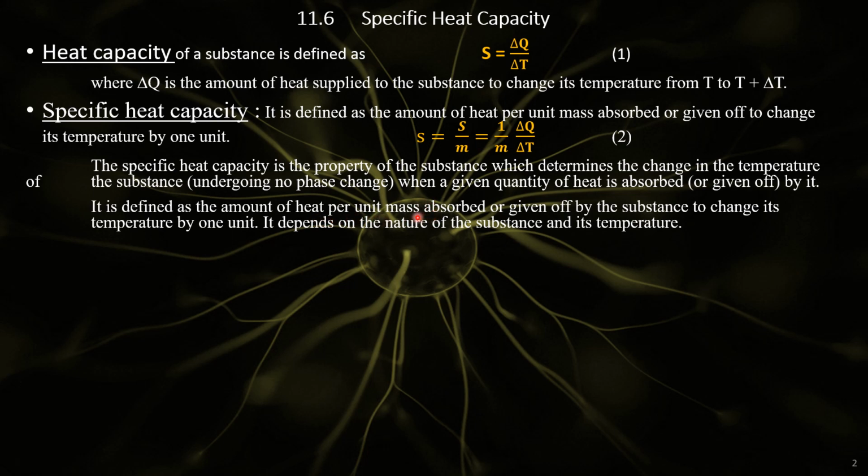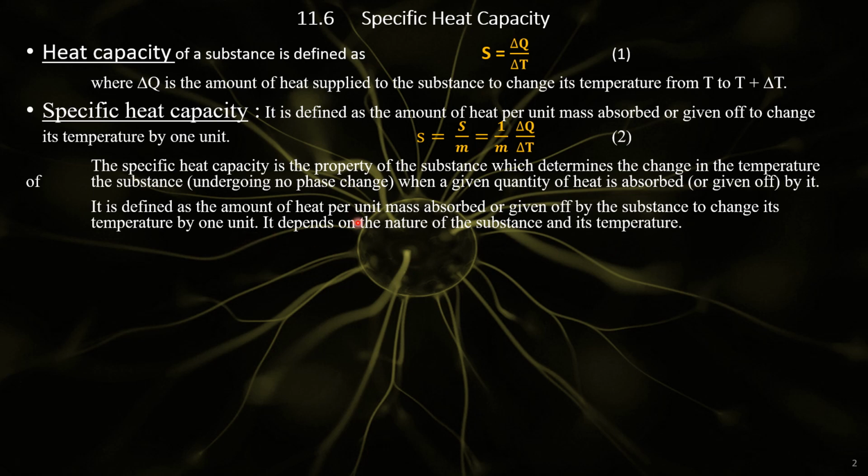In equation 2, if you put m as 1, it becomes the amount of heat per unit mass absorbed or given off by the substance to change its temperature by 1 unit.